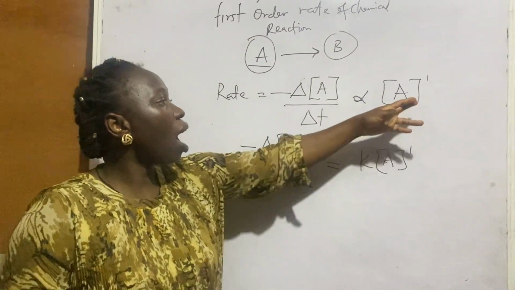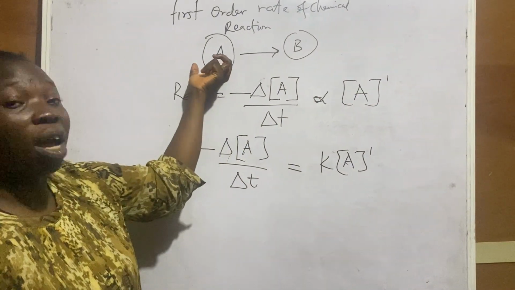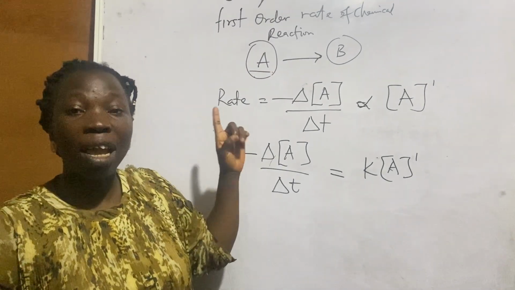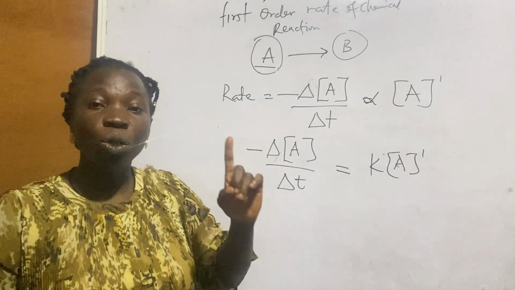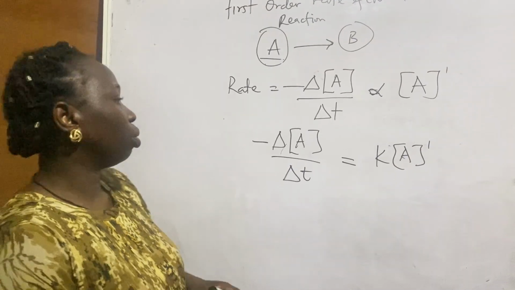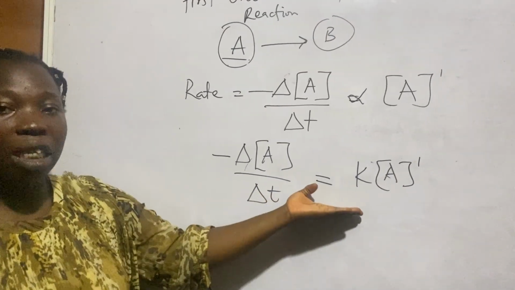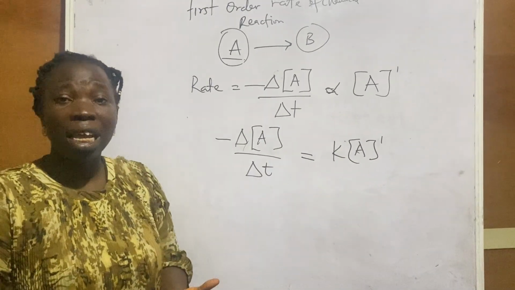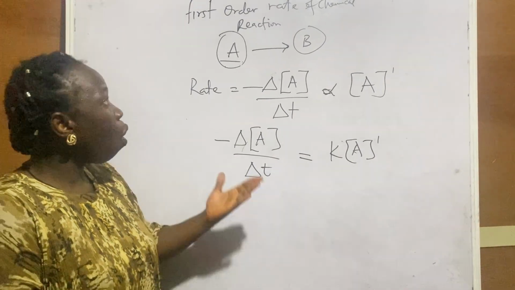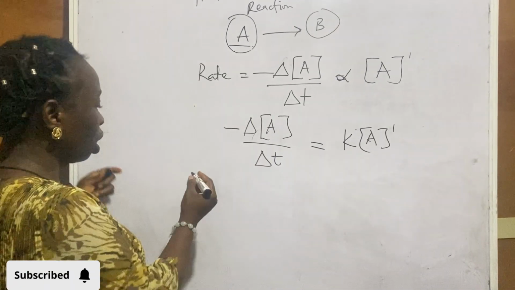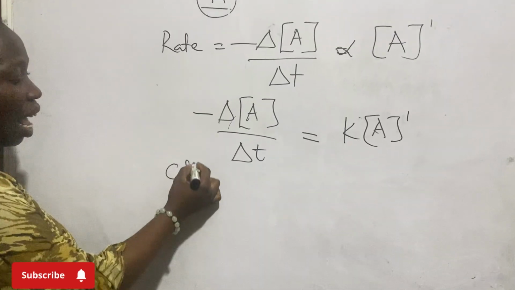It is raised to power of 1 because the coefficient of the reactant is 1, and we said that the rate of the first order depends on only a single what? Reactant concentration. But how do we now represent it so that we can get a graphical representation of this first order chemical reaction? The first thing you do is to collect like terms.